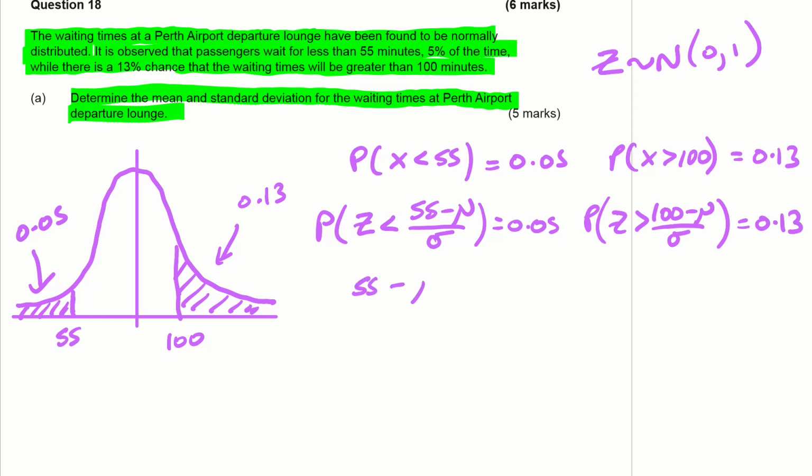So 55 take away mu over sigma equals, and 100 take away mu over sigma is equal to, and we want those z-score values, which we can just get from the calculator.